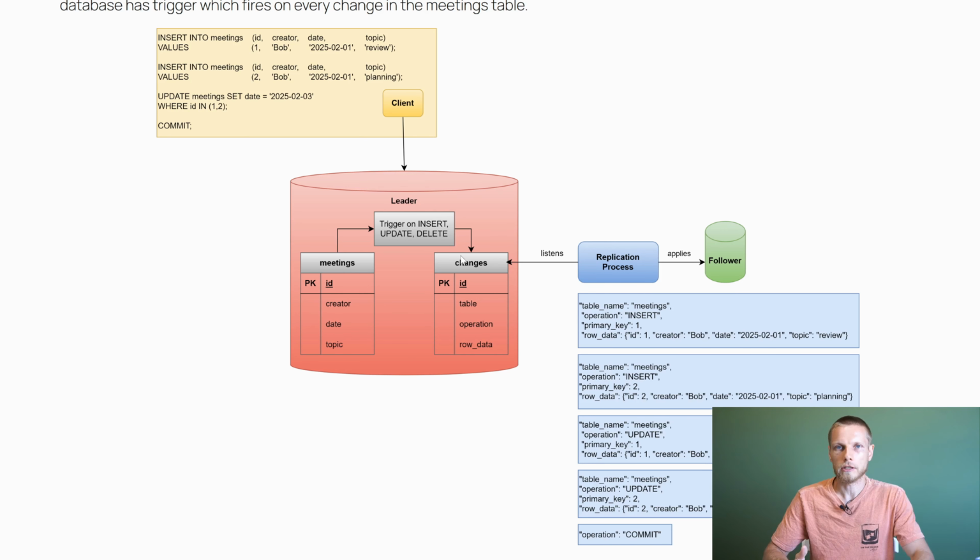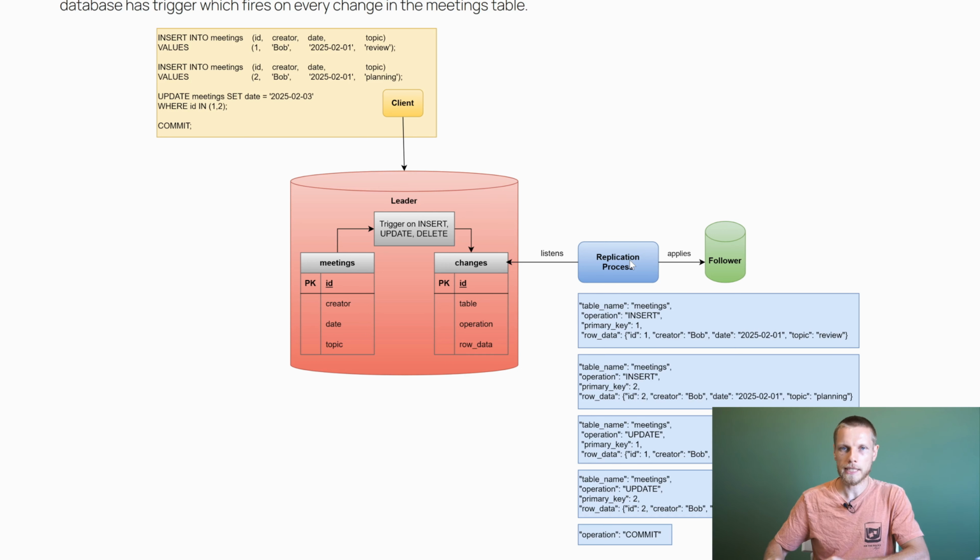And what this trigger does is just store them in a special table named changes. And here it stores in what table the change happened, what operation it was, for example delete, update, insert, and what exact data was changed, which is basically all columns of the row.